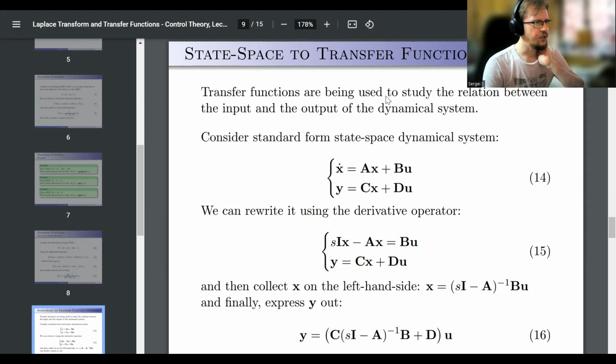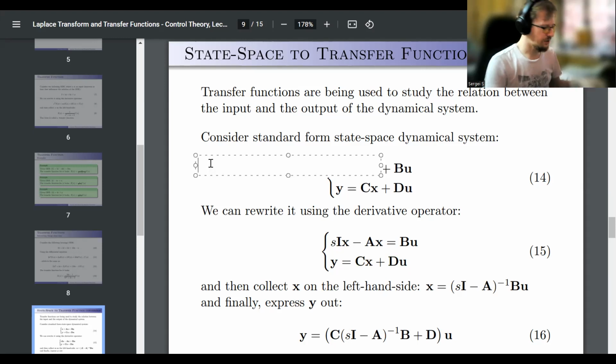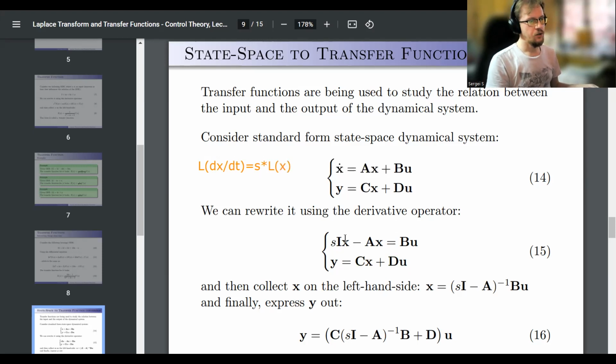Can you repeat how did we get x dot equals to sX? Yeah, remember transfer functions: the Laplace transform of a derivative of a function is equal to the Laplace variable times the Laplace transform of the function. All we did here is we did the same with the vector function. I is the identity matrix.